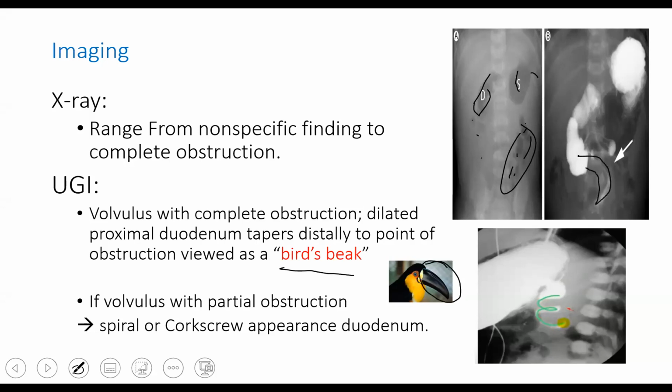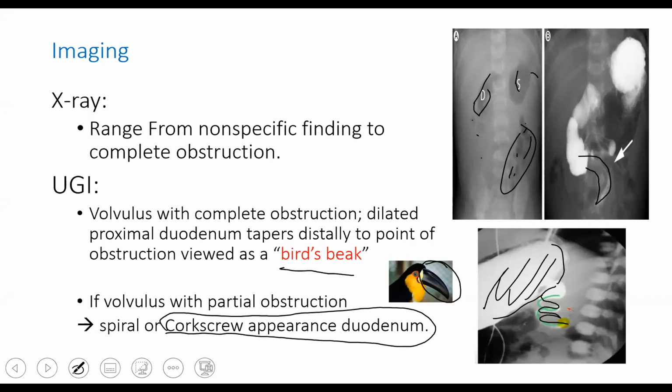If the baby has partial obstruction, the contrast goes through the partial obstruction, and that creates something called corkscrew appearance. In the board, they're going to bring you a description of an X-ray or barium image. Whenever you see corkscrew and proximal dilatation, you know it's most likely volvulus until proven otherwise, so stat surgery. If you have complete obstruction, you might see bird beak appearance.